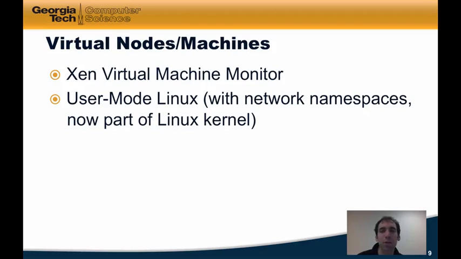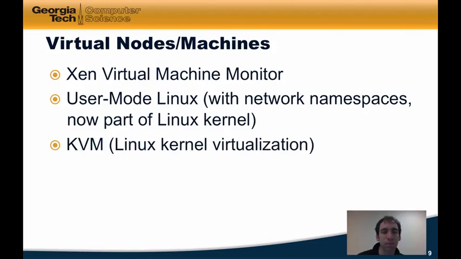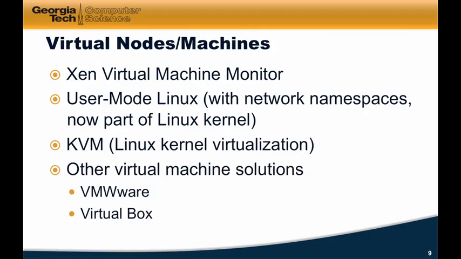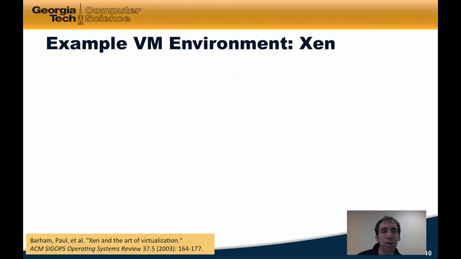The idea with network namespaces is essentially that each container gets its own view of the network, its own network stack: IP addresses, MAC addresses, interfaces, and so forth. KVM is another virtualization technology, and there's certainly others as well. VMware, of course, makes their own commercial virtual machine technology, and VirtualBox is one that we'll use in this course.